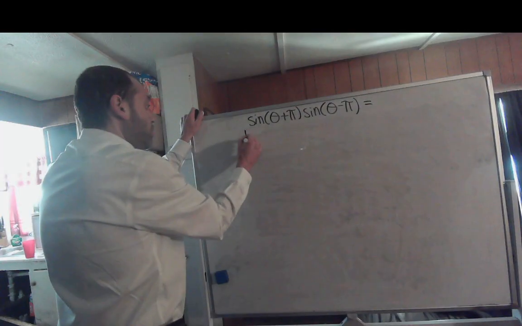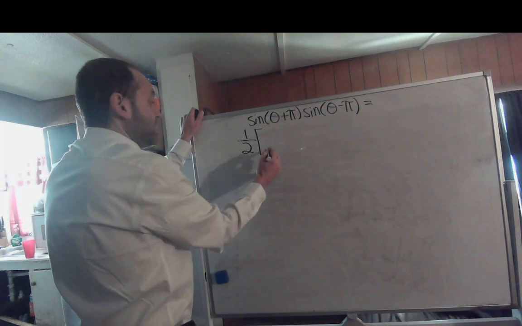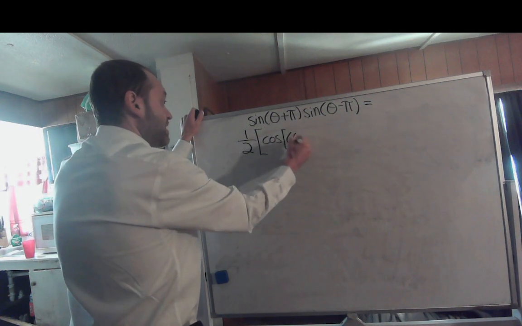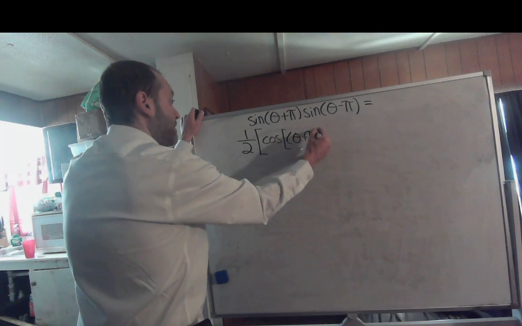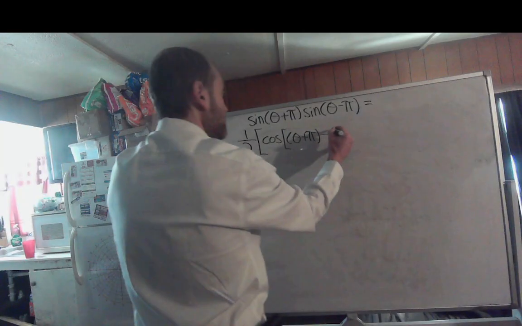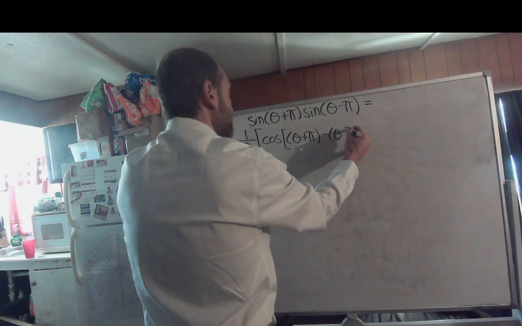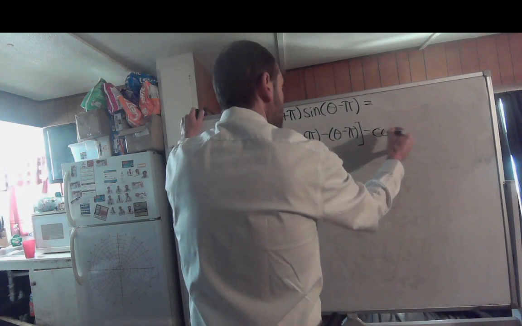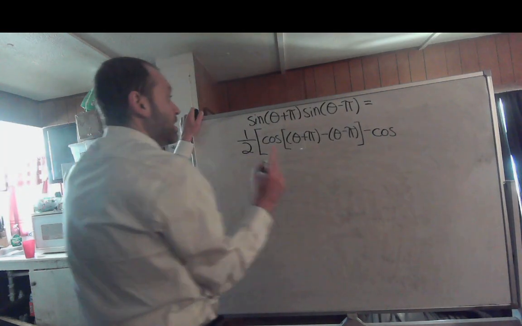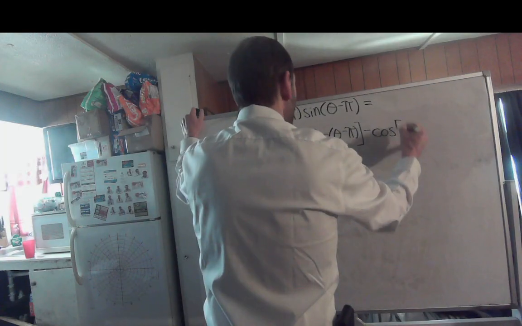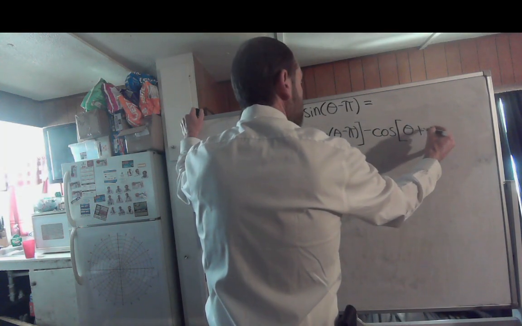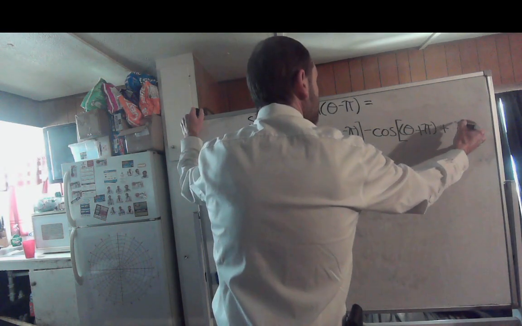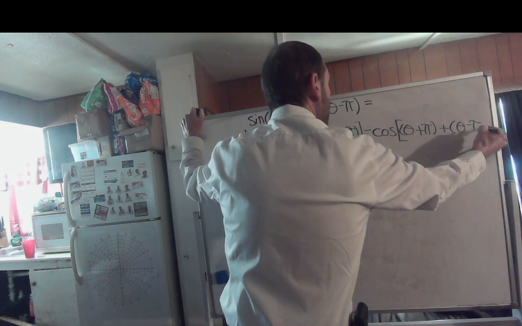So this would be 1/2 times the quantity of the cosine of the quantity of theta plus pi minus that theta minus pi, all that then minus the cosine of the quantity of theta plus pi plus theta minus pi.